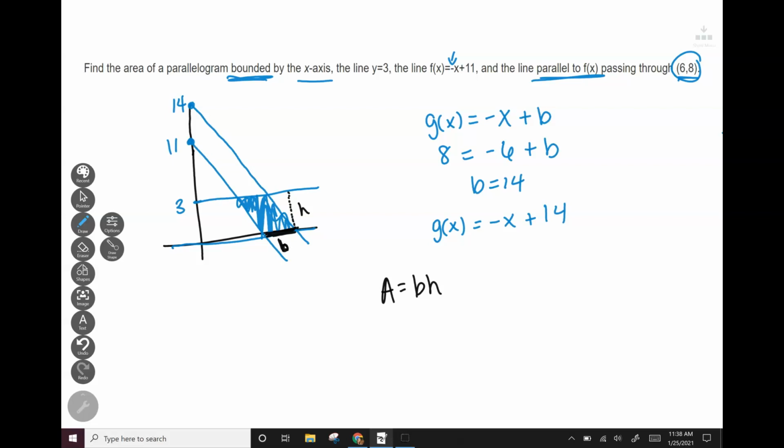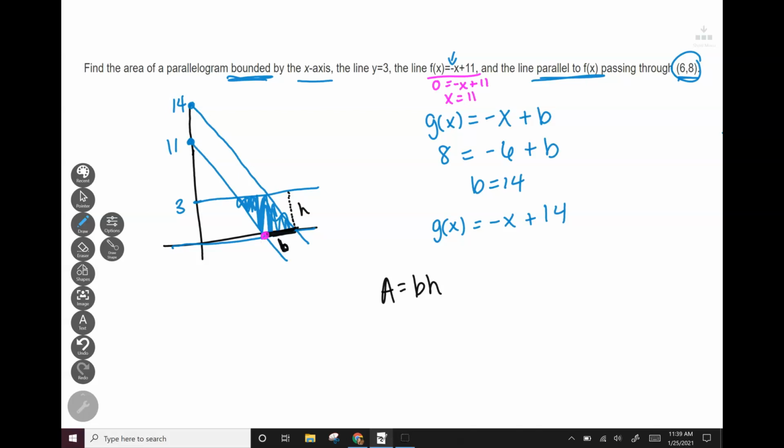Well, you could find the x-intercepts of both of your lines. The x-intercept, remember, is where y equals 0. So if I plug in 0 for y and then I solve for x, I get x equals 11.